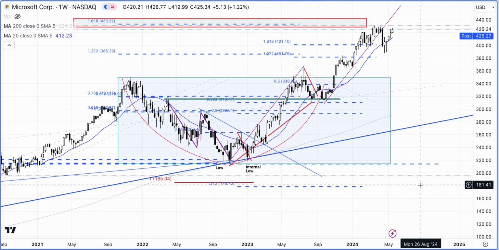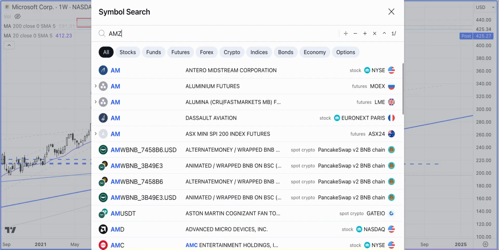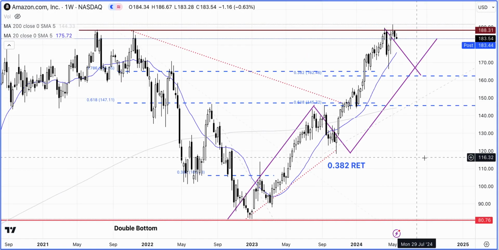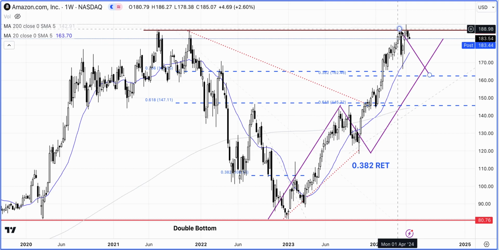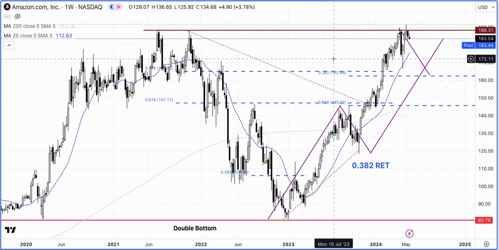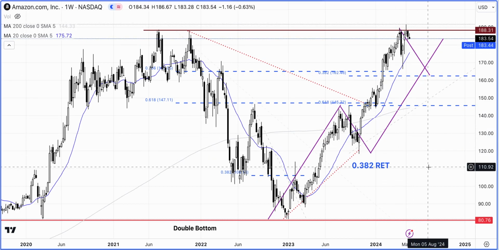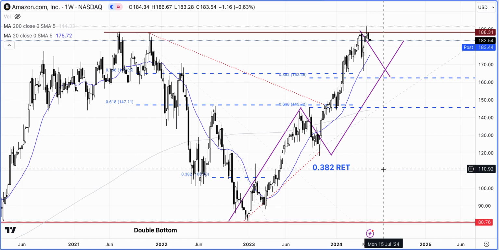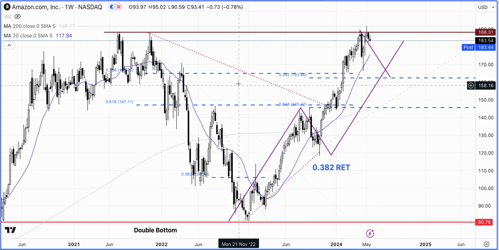Okay, now let's take a look at Amazon. Oh wow, so Amazon is right at the top of this range, testing the old highs. And maybe it just goes back into the range, which is going to be perfectly fine, because the first attempts at a breakout usually fail, and this is the weekly chart.